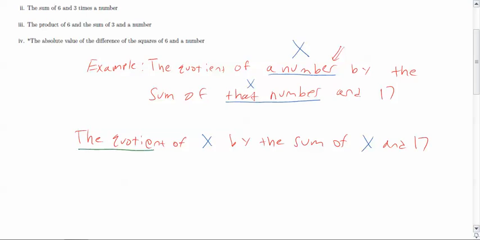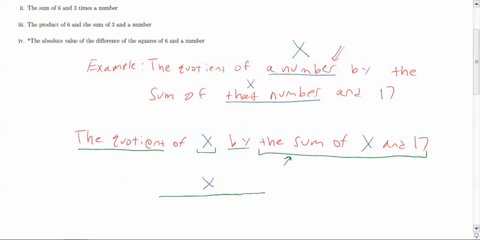So the word quotient means we're going to be dividing two things. So I'm going to get our line here for division. And what are we dividing? Well, we're taking the quotient of x by this stuff. So we're dividing x by whatever this is.